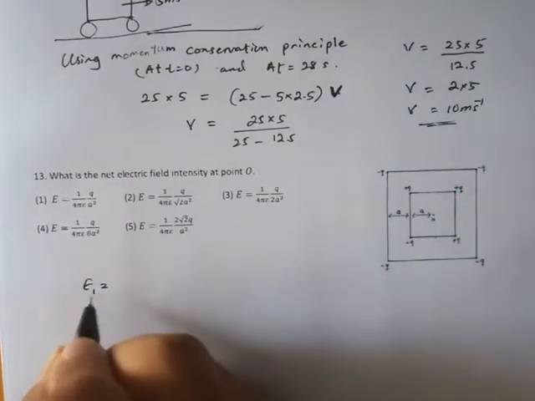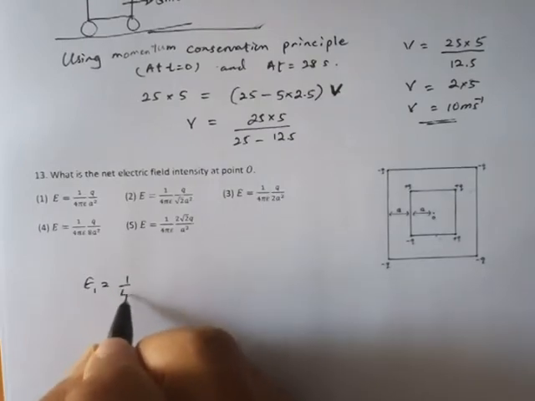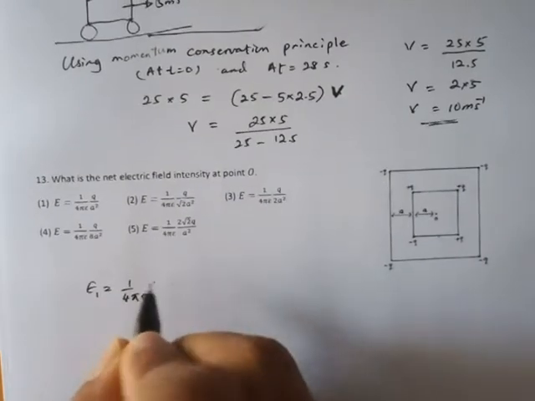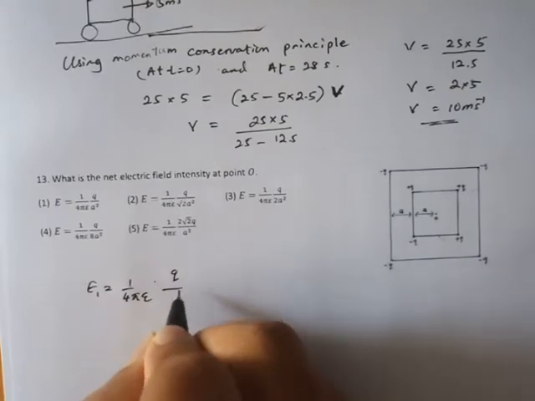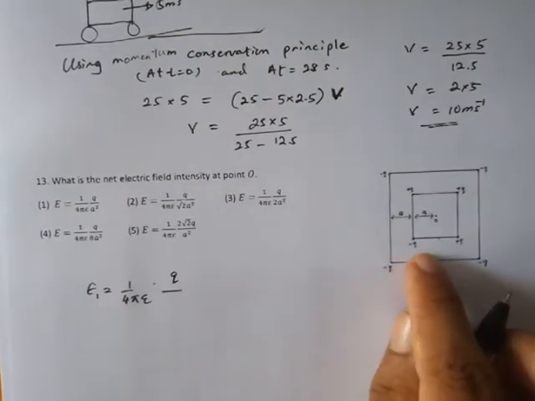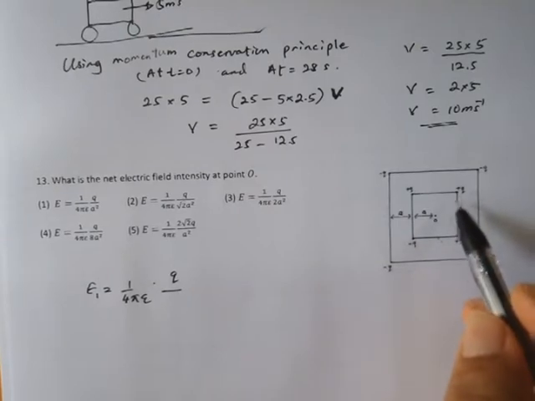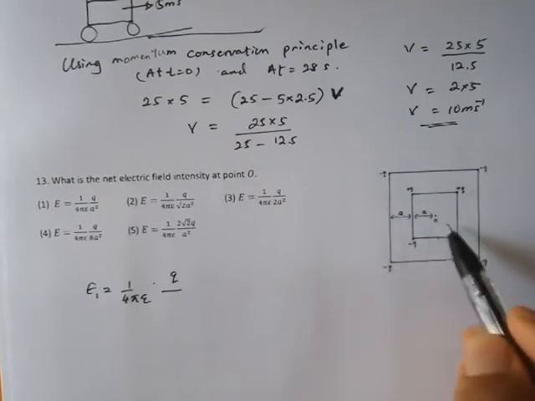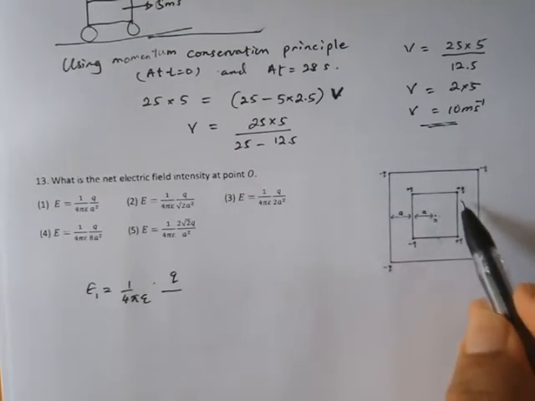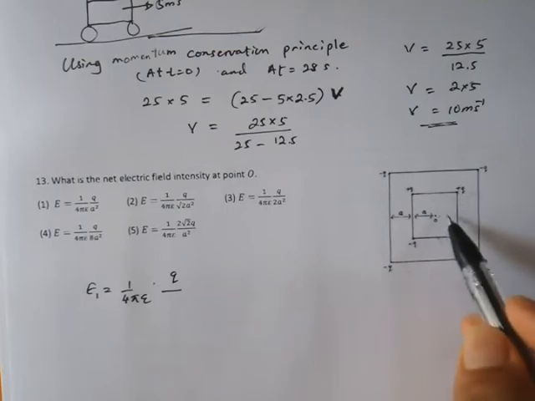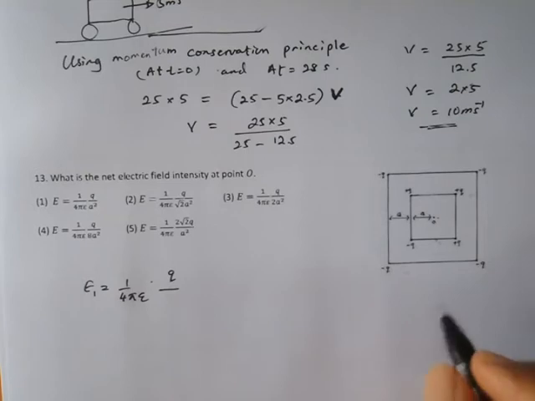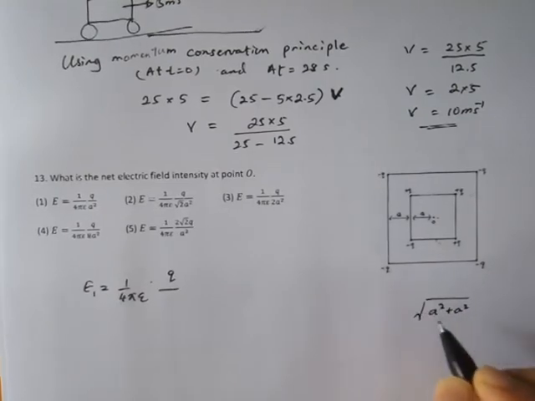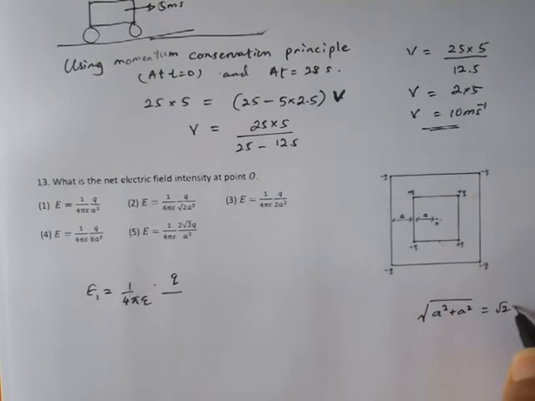So E1 is equal to 1 over 4 pi epsilon, Q over distance squared. So we want this distance. This distance is a, this distance is a, so this one will be root 2a, square root of a squared plus a squared, that is equal to root 2a.